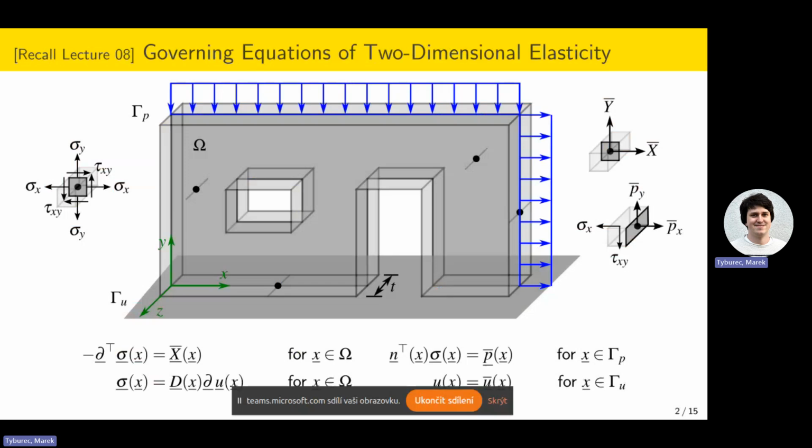And for this example, we have some kind of boundary conditions. We have traction, or stress-based, or force-based boundary conditions, which are the loads, or this distributed load here. And then we have essential, or displacement, or kinematic boundary conditions, for that part which is fixed.